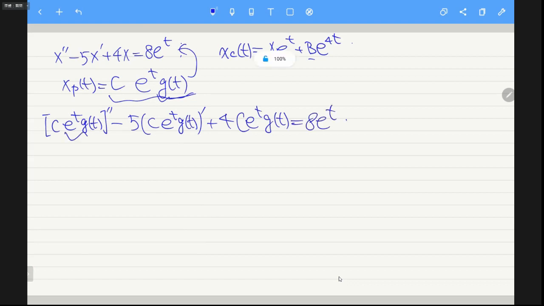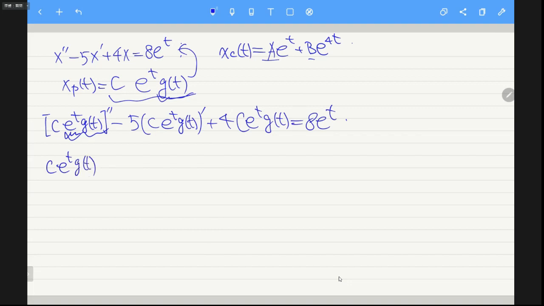Taking the second derivative: exponential to t's derivative is itself, so the second derivative is still itself.